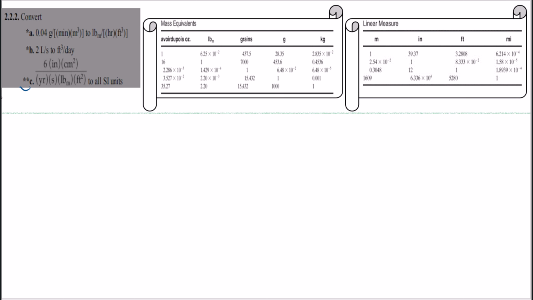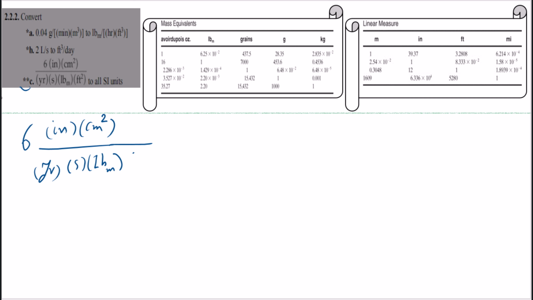Part C says that 6 centimeter power 2 year over second pound mass and a square foot must be converted to all SI units.